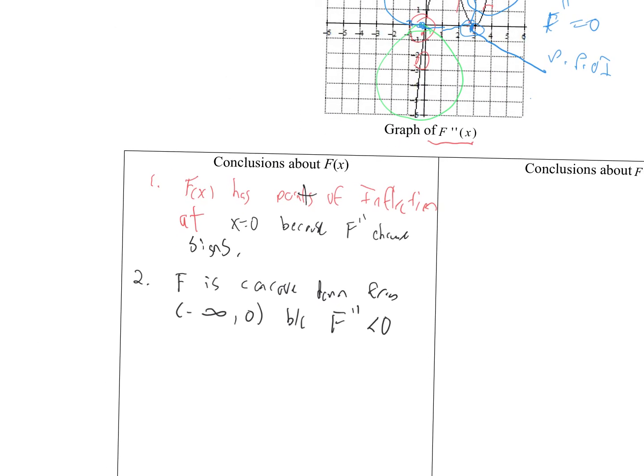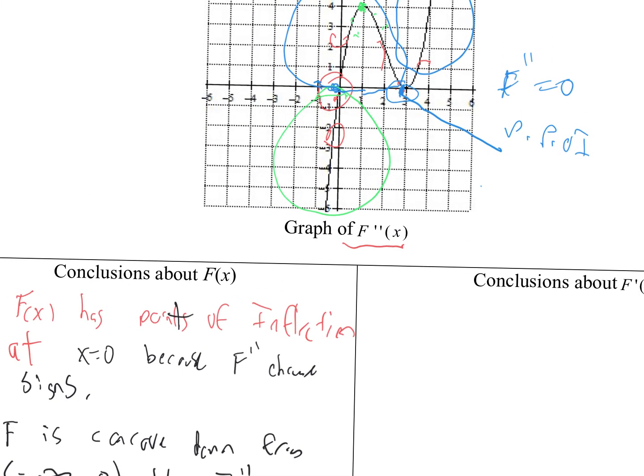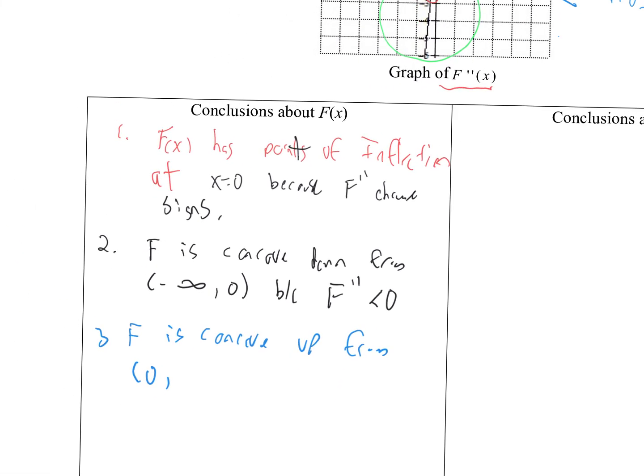Okay, so 3, f is concave up from 0 to 3. Couldn't see it. Union 3 to infinity, because f double prime is greater than 0. I have to put that here, greater than 0.